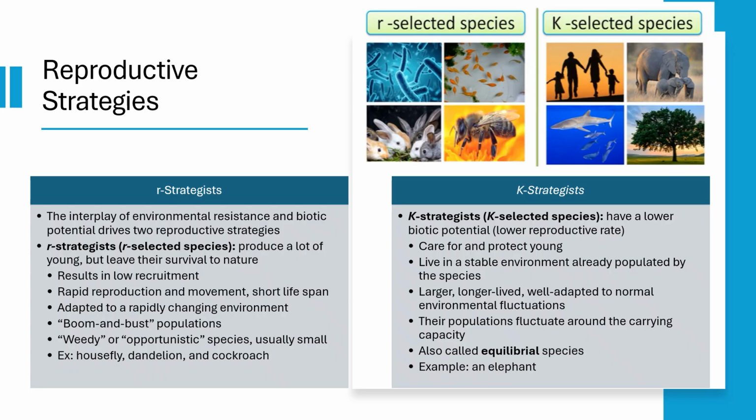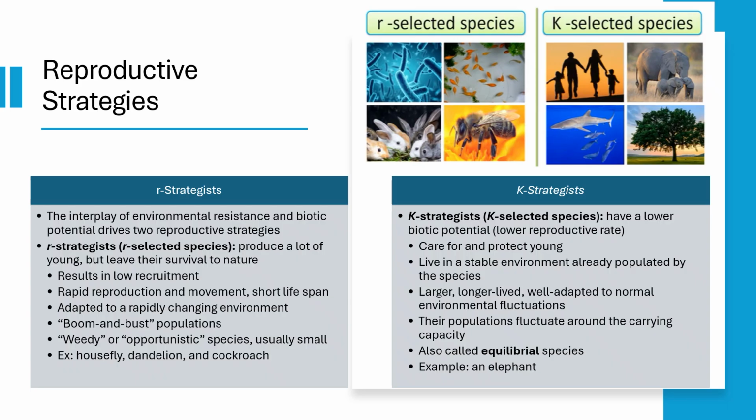The species that reproduce by producing a lot of offspring are called r-strategists. They produce a lot of young, but they let the young basically survive on their own. So there's very low recruitment, rapid reproduction, and movement. The lifespan is usually very short.